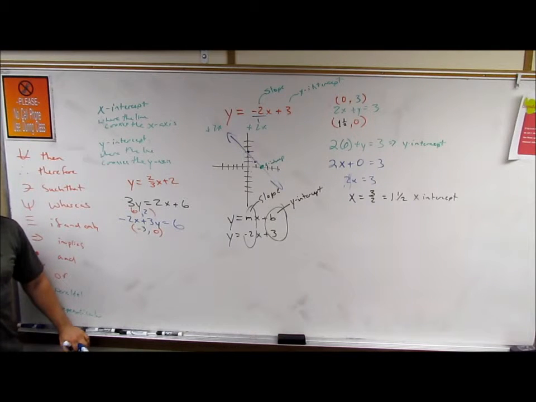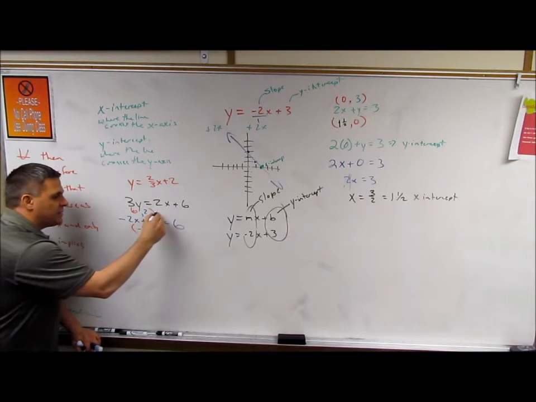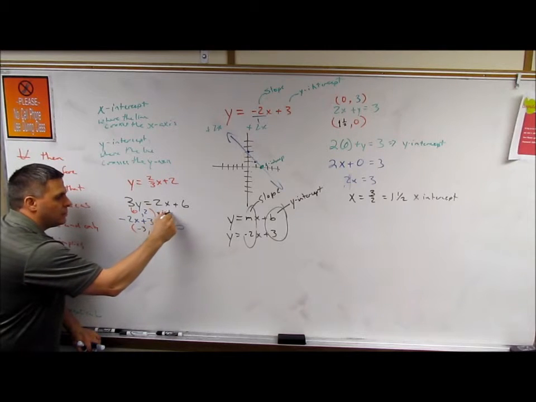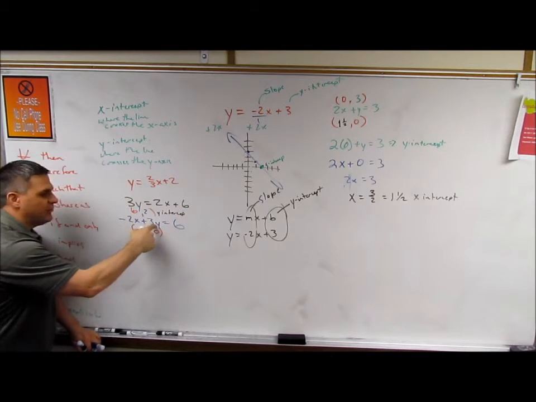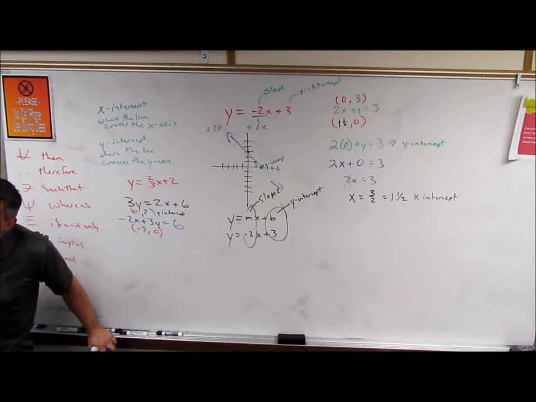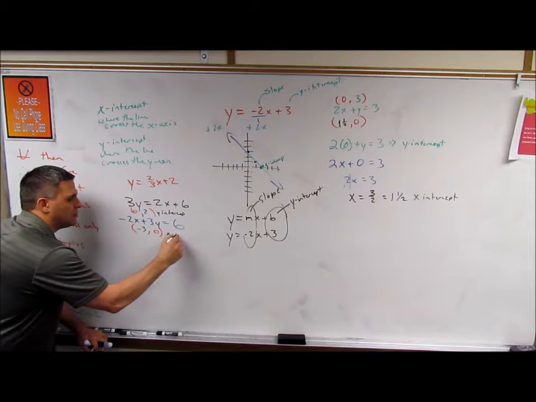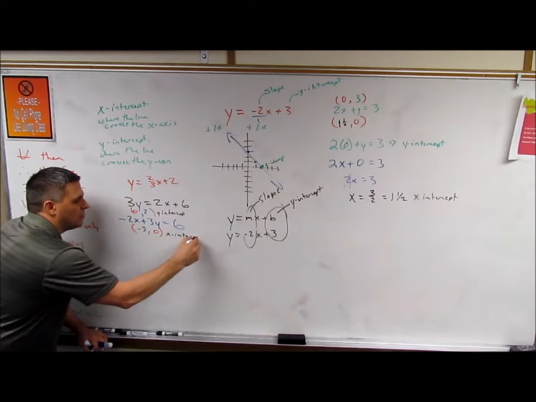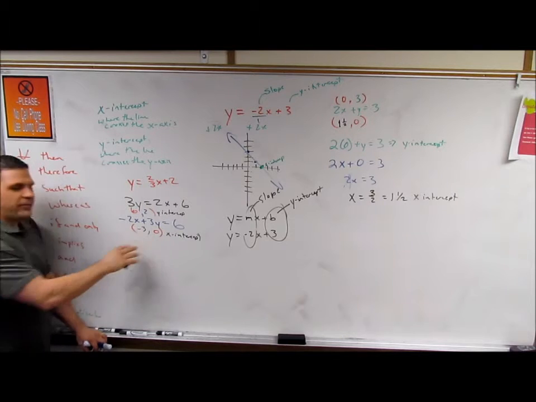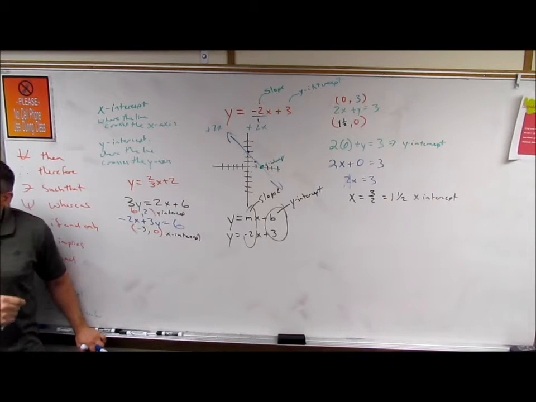So, simple, right? Now I have the y-intercept, because I solved for y where x is 0, and the x-intercept, because this is where I solved for x when y is 0.